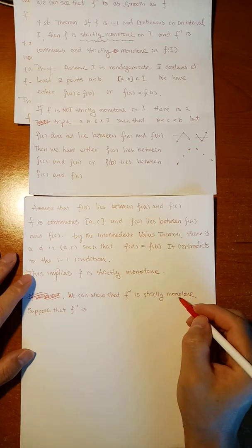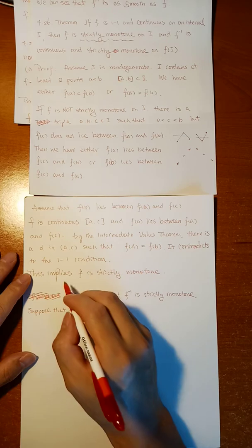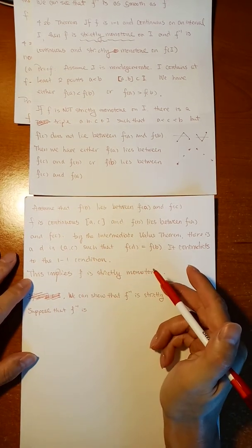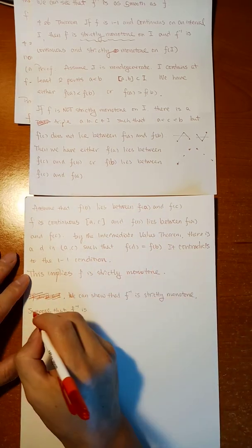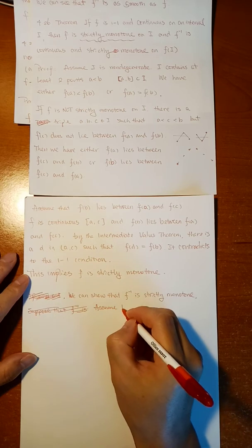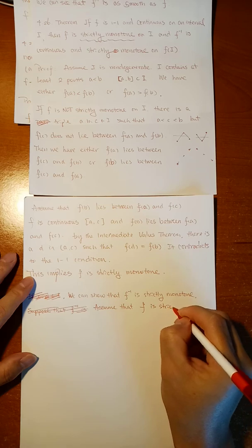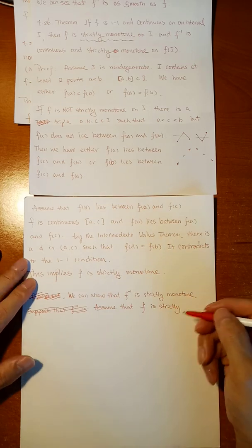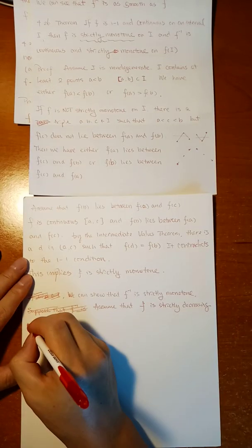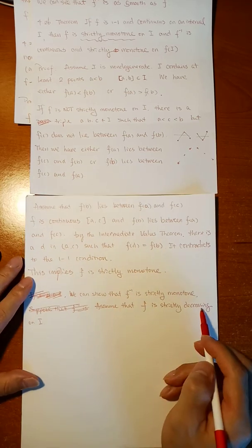We're going to show F inverse is strictly monotone. Here, we already know that F is strictly monotone. There are two cases about monotonicity. In the book it is increasing, now let's say decreasing. Assume that the original function F is strictly decreasing on I.